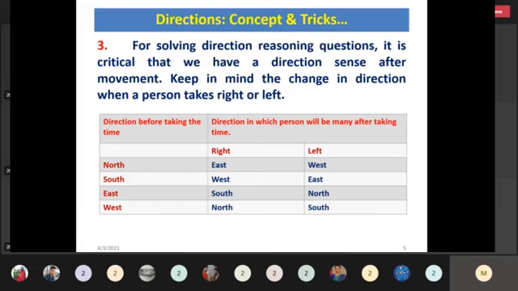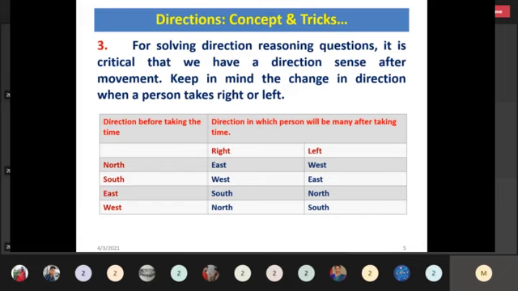This particular table is also very important. If the direction before taking the turn is south, then if he takes right it means west, and if he takes left it means east. Similarly, if he is facing east, then if the person moves right it means south, and left means north.